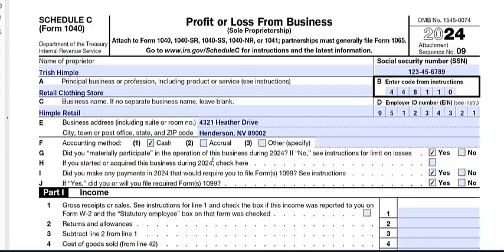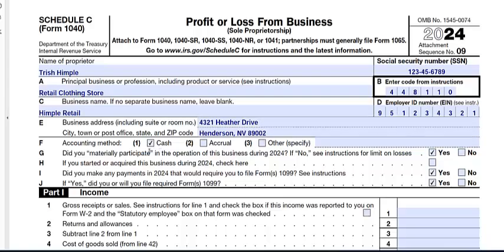Okay, so I've started completing the top portion of Schedule C for Trish. We've got her name and social security number, her business or profession, the code from the instructions that best identifies her business or profession. The business name is Hempel Retail, and her employer ID number is here with her business address.